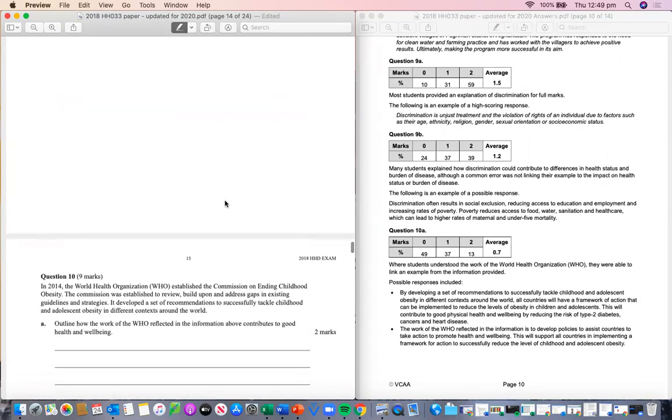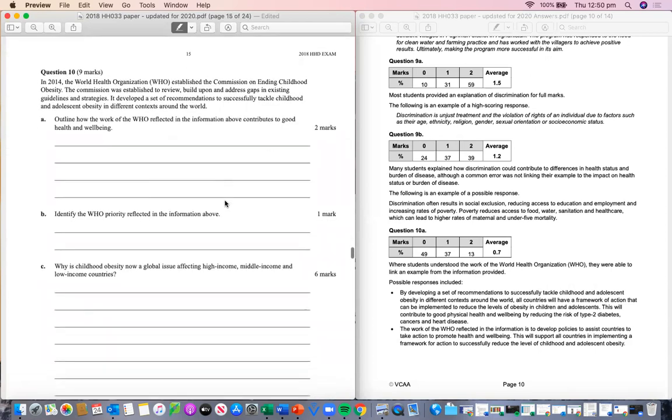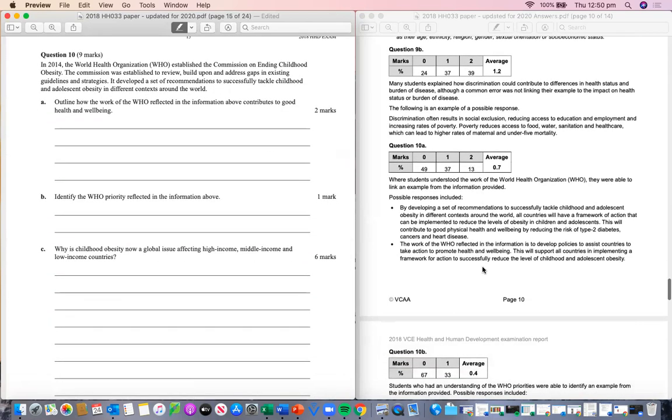Okay, if you look over, we've got 10A for 9 marks. Again, the case study is: in 2014, the World Health Organization established a commission on ending childhood obesity. The commission was established to review, build upon, and address gaps in existing guidelines and strategies. It developed a set of recommendations to successfully tackle childhood and adolescent obesity in different contexts around the world.